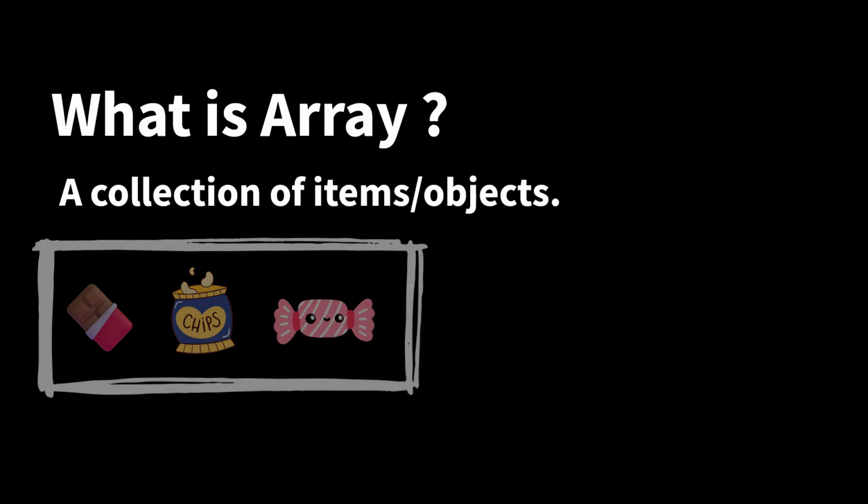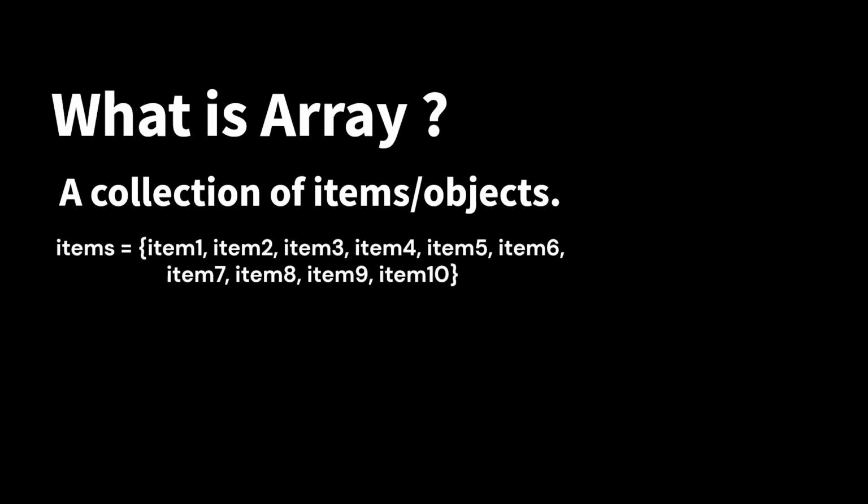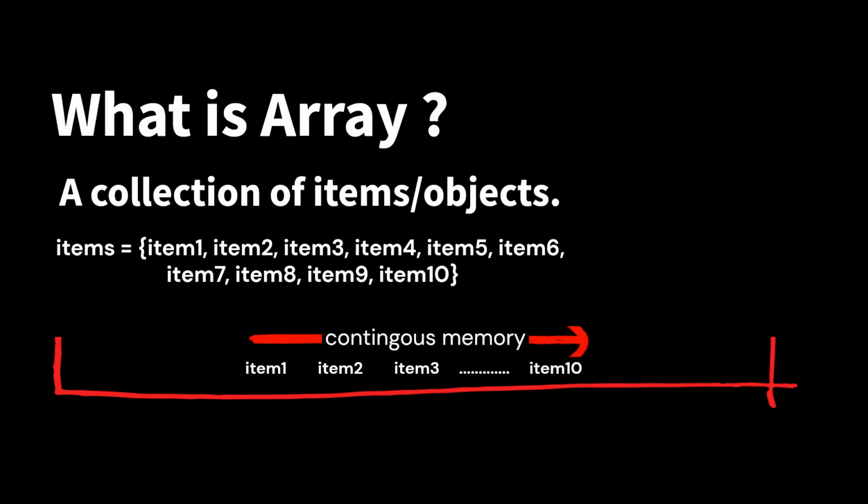And in technical terms, let's say you have 10 items with you. In an array, all 10 items you keep in contiguous memory. What exactly does that mean? Let's say you have a memory space 16.